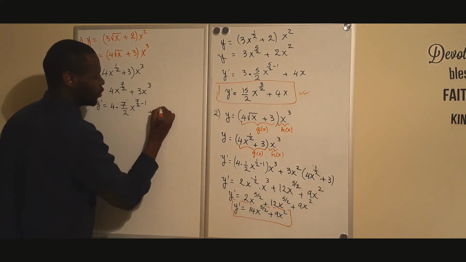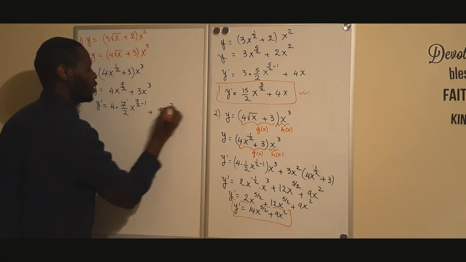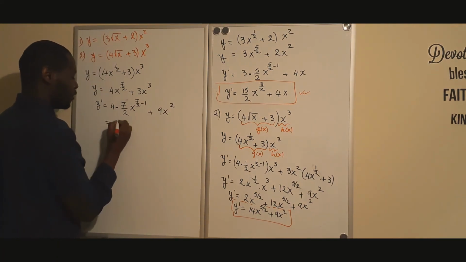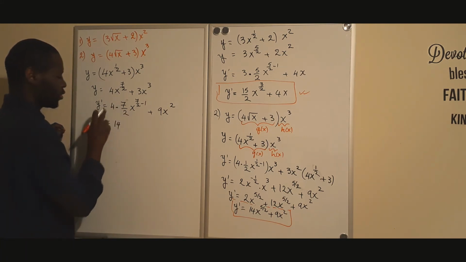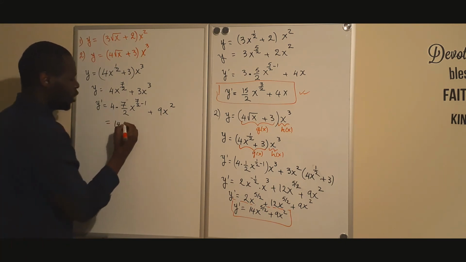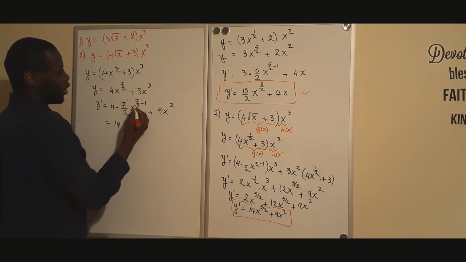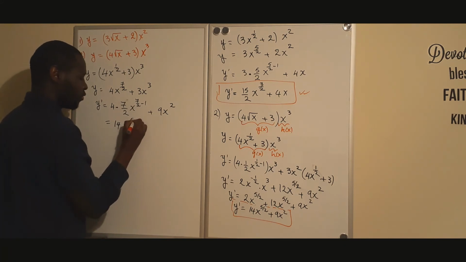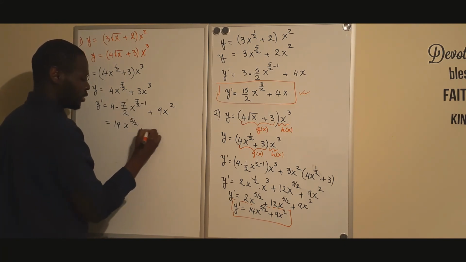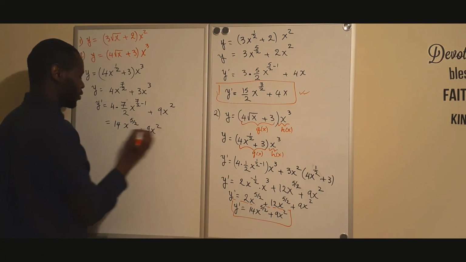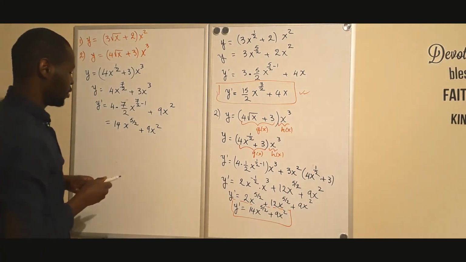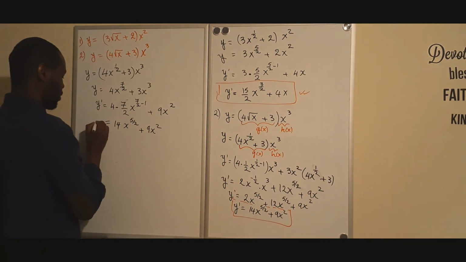So 3 times 3 is 9x squared. So these cancel out to 14, right? So 4 divided by 2, x, so here I have 7 minus 2, which is 5. So 5 halves plus 9x squared. And it matches what we have down there.